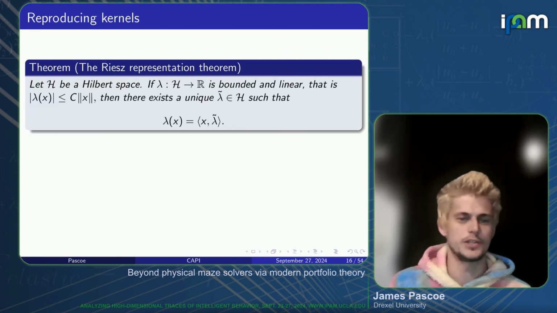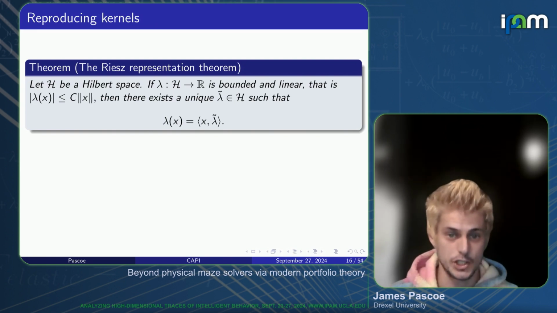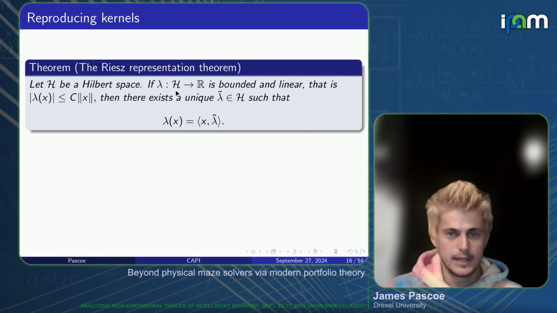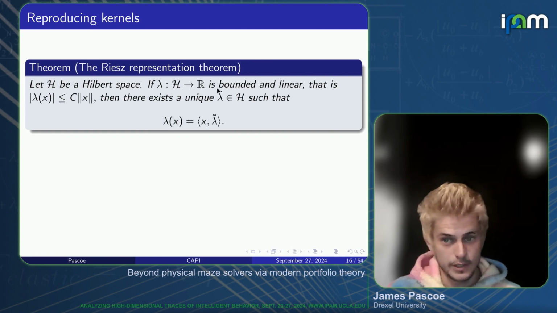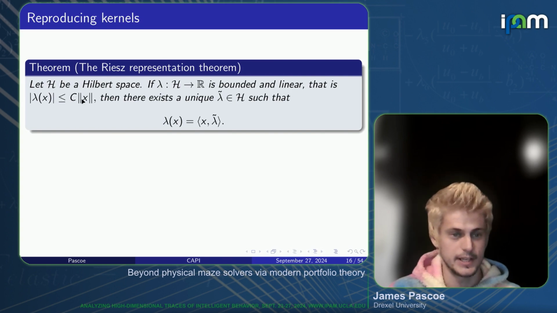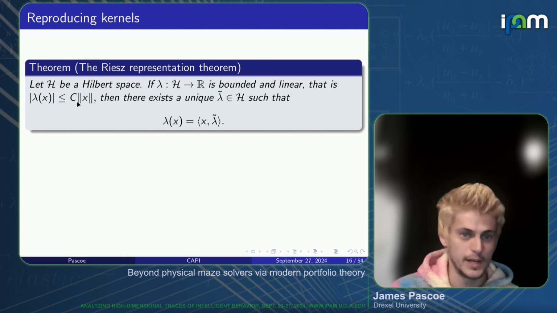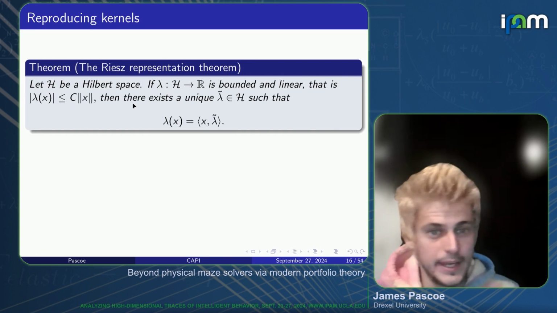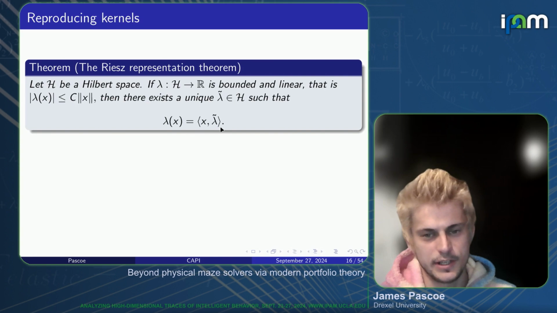About Hilbert spaces. What we're going to deal with is this beautiful theorem called the Riesz representation theorem. It says that if I've got my vector space H, which is a Hilbert space, so it has that inner product, and I have a map that takes my Hilbert space into the reals that's bounded and linear, so that if I take lambda of some vector x, that better be less than or equal to some uniform constant times the norm of x, then there exists some actual point inside of my space that implements this linear functional.